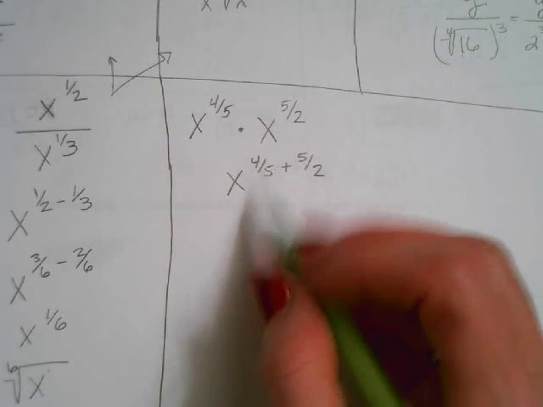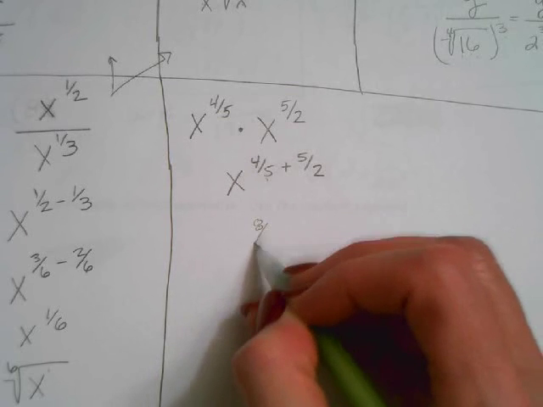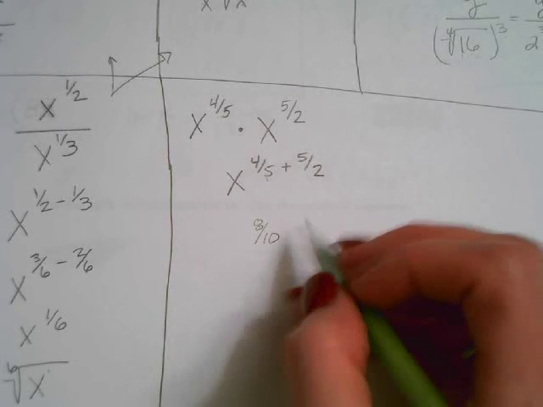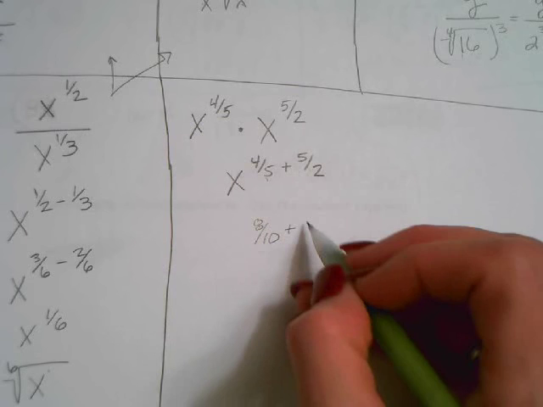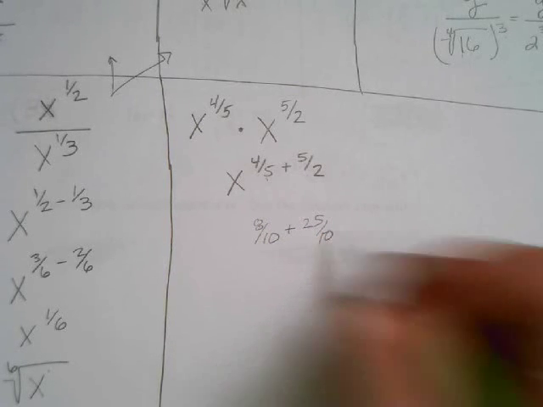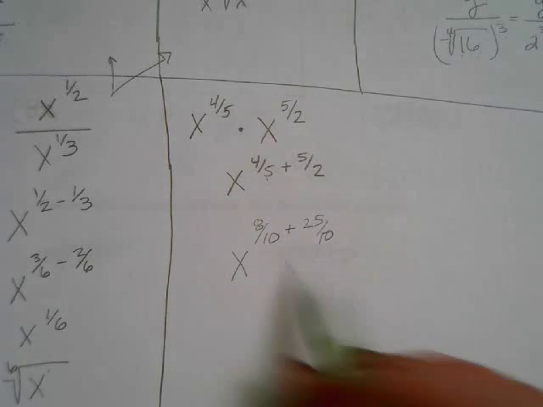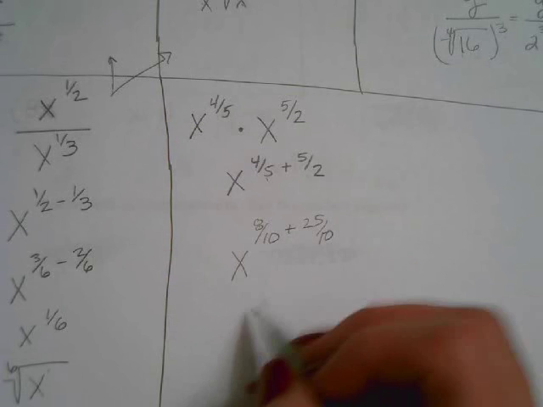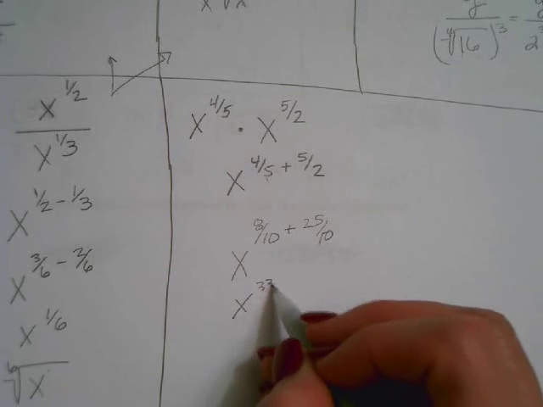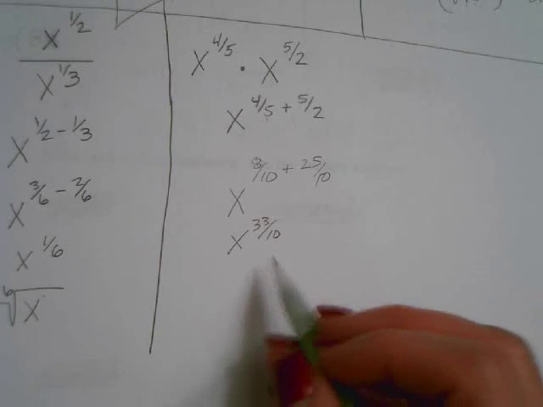I need a common denominator for both, so I'm going to use 10. I multiply this by 2, and that's 8/10. Then I multiply this by 5, and it's 25/10. At that point I add them, so I'm going to have x to the 33/10.